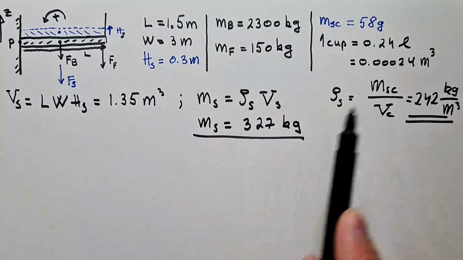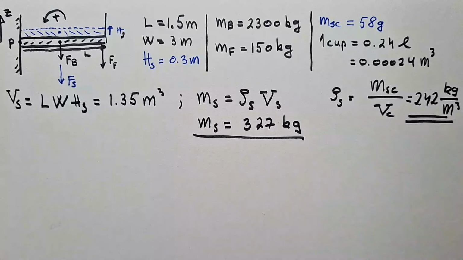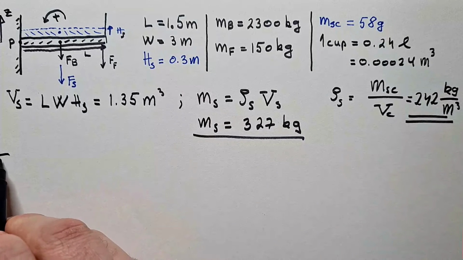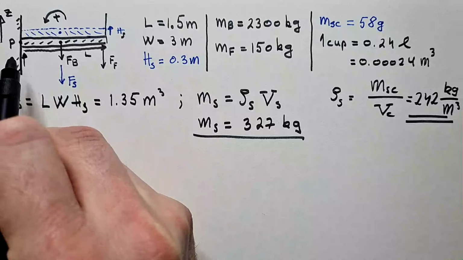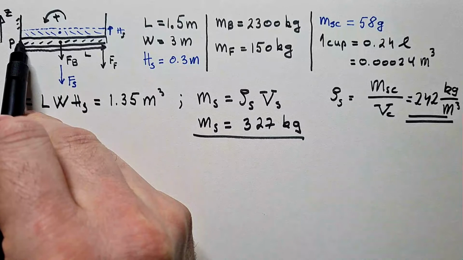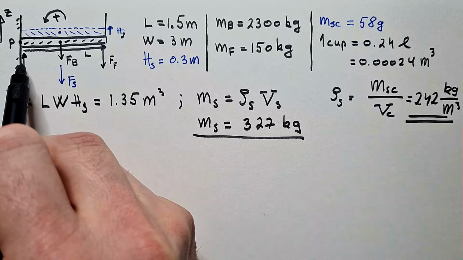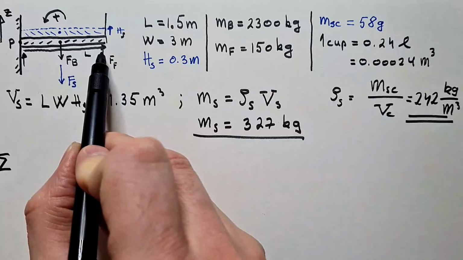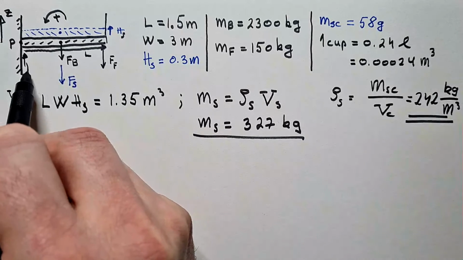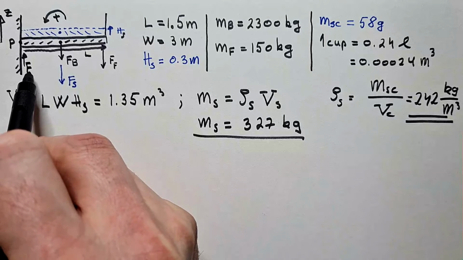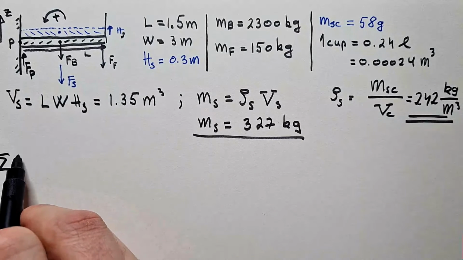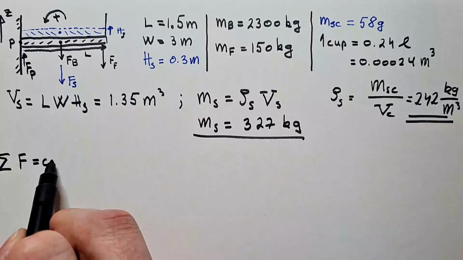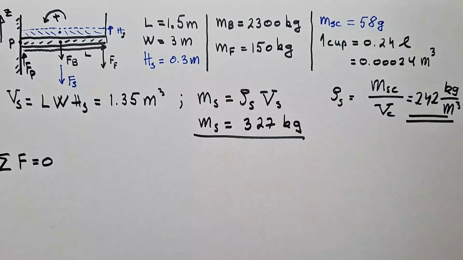With these two numbers in mind, we can proceed and calculate the force here at the attachment between the balcony and the building that needs to exist to balance these three forces that are acting down. I will call that force Fp. We know that the sum of all forces needs to be zero because nothing is moving, statics.